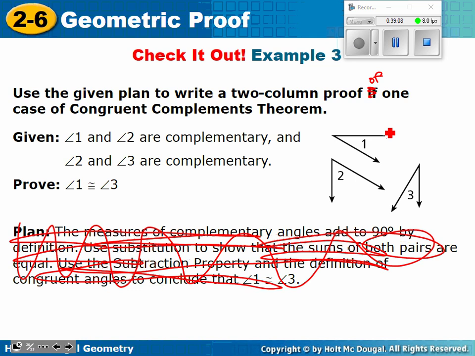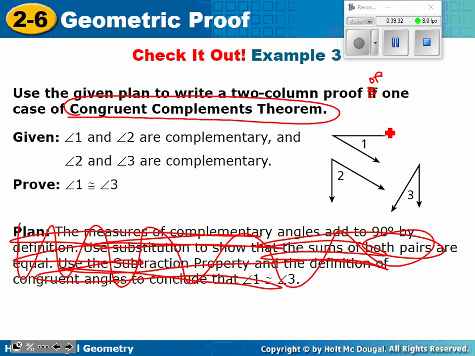If you're trying to prove it, that means you can't use the congruent complements theorem in your proof. You are writing a proof of this theorem, so it is not an option for one of your reasons. You can use any definition, theorem, postulate, or property, but not this one because you're writing a proof of that theorem.